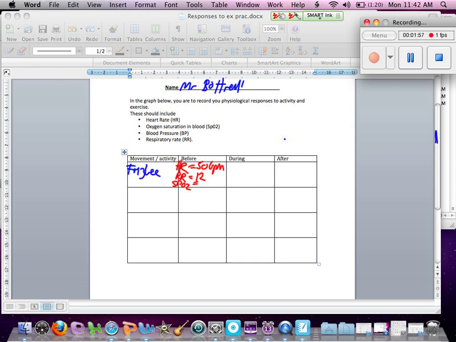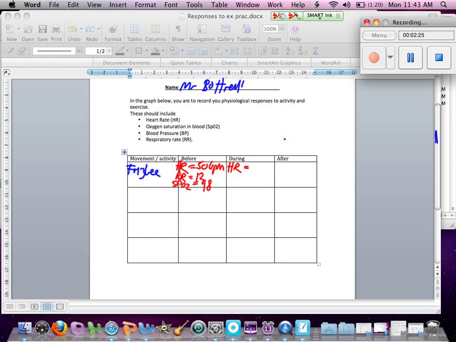And then I started doing the activity. I threw the frisbee back and forth, and in the middle of the activity I measured my responses again. My heart rate would have gone up slightly, maybe to 80 beats a minute.